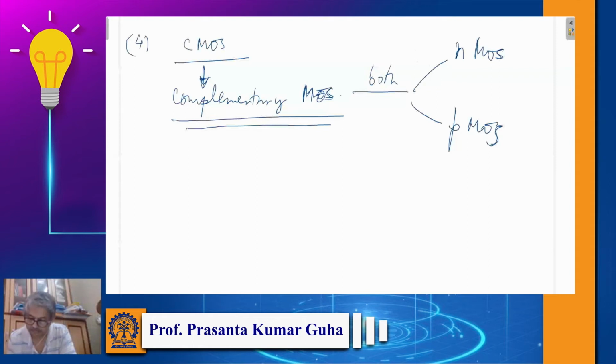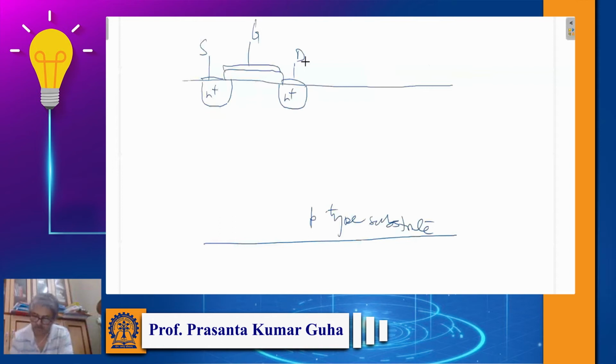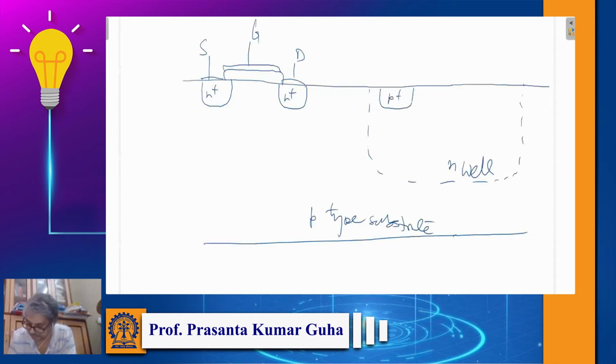Now in this case what we do, we realize a thing known as an N-well, and in that N-well we then realize the source, drain and gate of the PMOS.